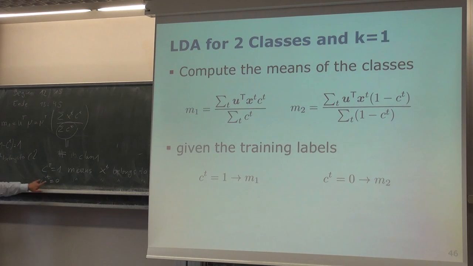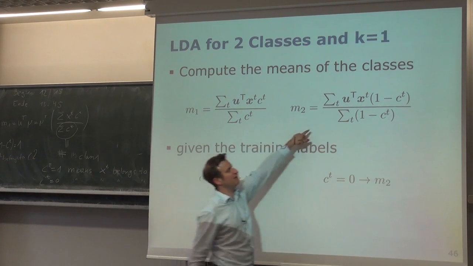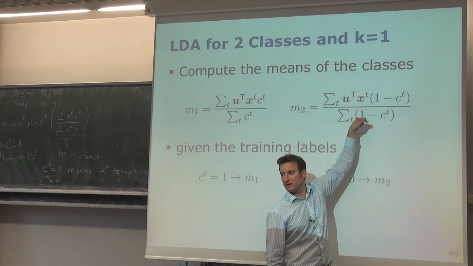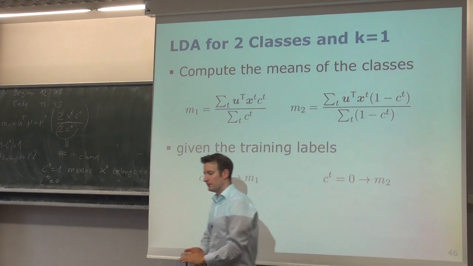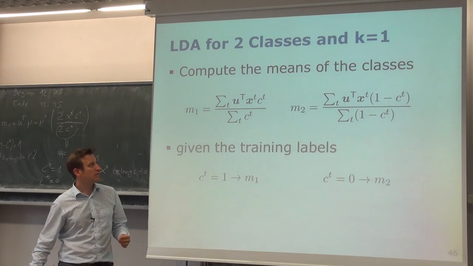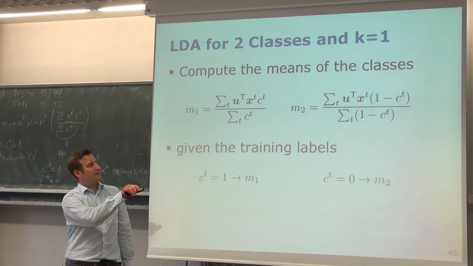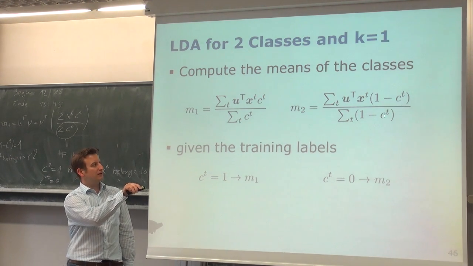I can either write this should be 0 or this should be 1. The nice thing is it's a very compact way of writing this without having if statements in this equation. But there can be some algorithmic problems because dividing by 0 is not liked that much.